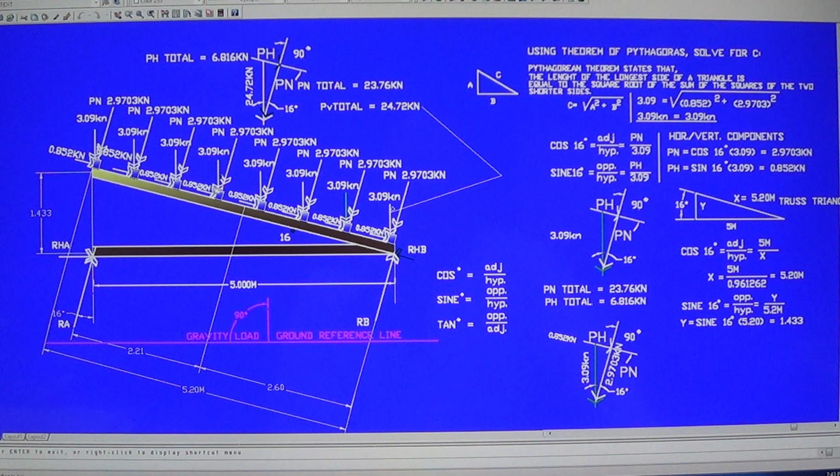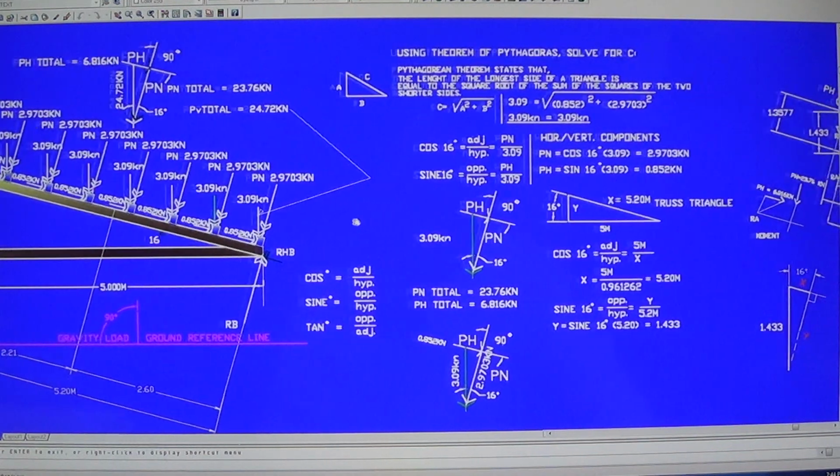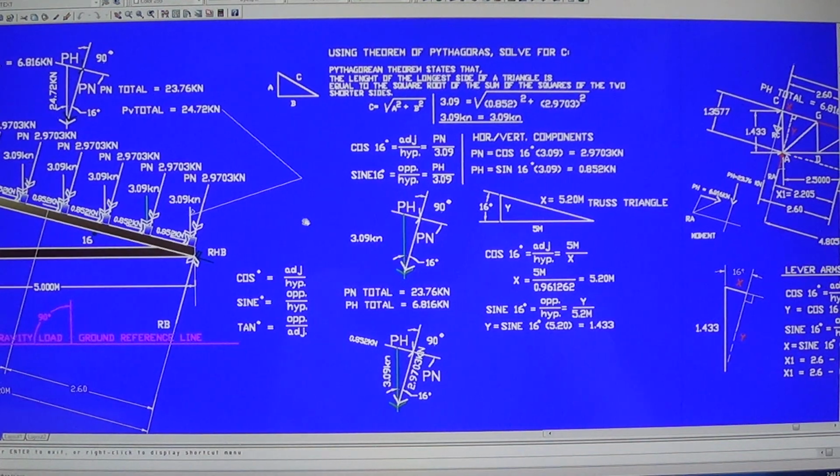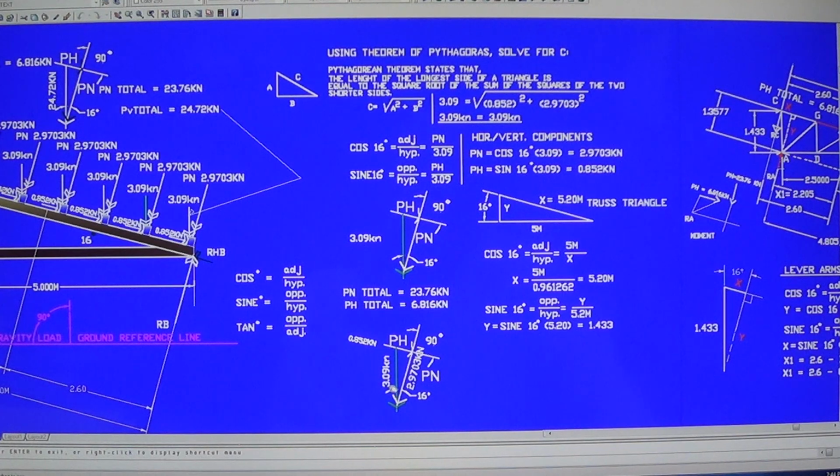We're going to solve one by one the magnitude of one gravity load by resolving it into horizontal and vertical components. And the solution for that is right here. The 3.09 is the gravity load directing 90 degrees to the ground.